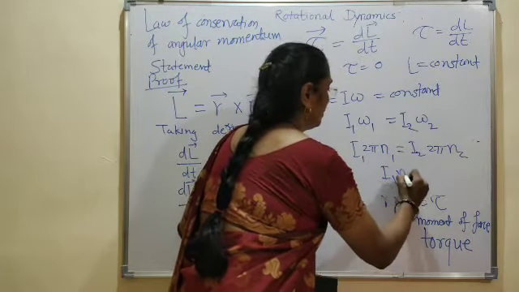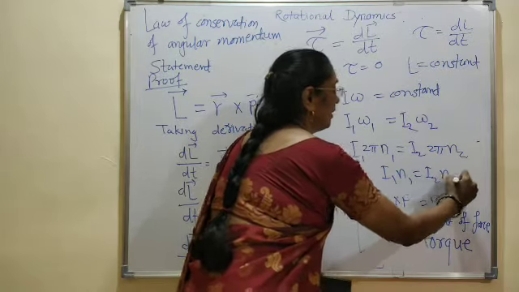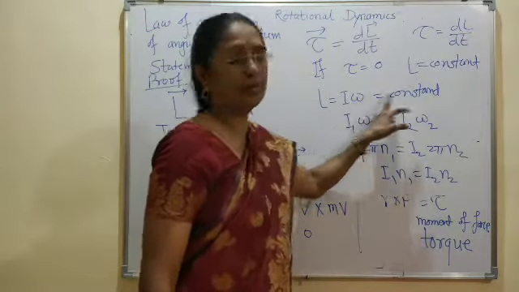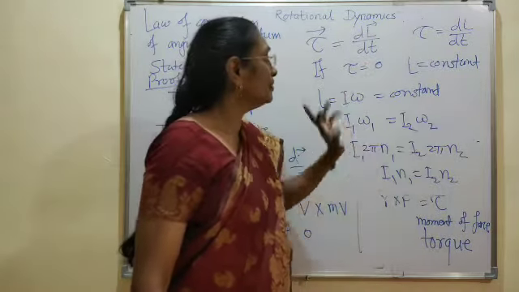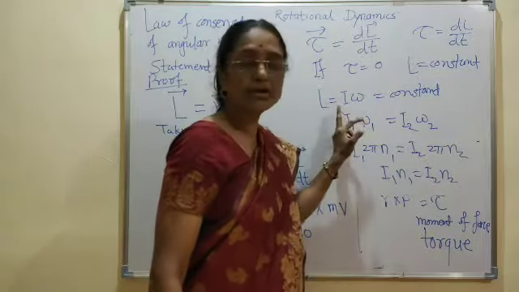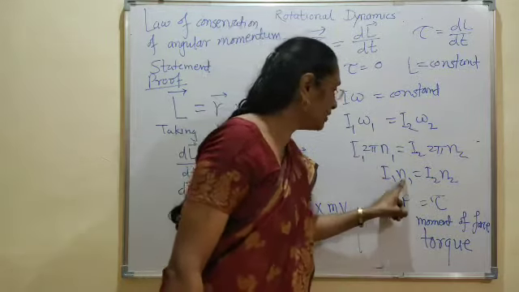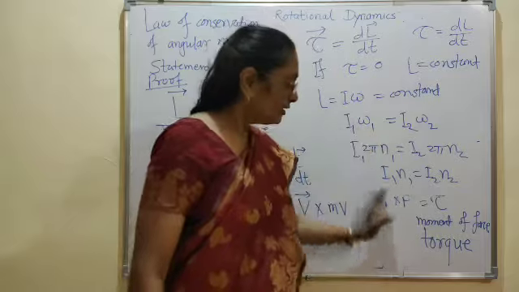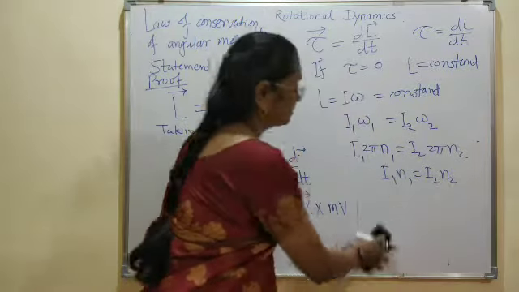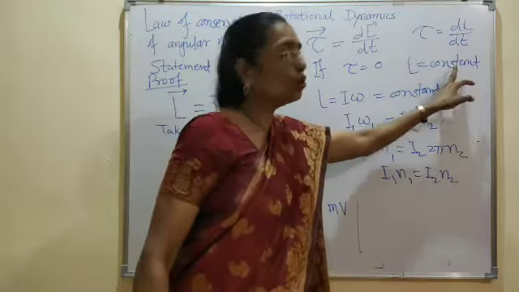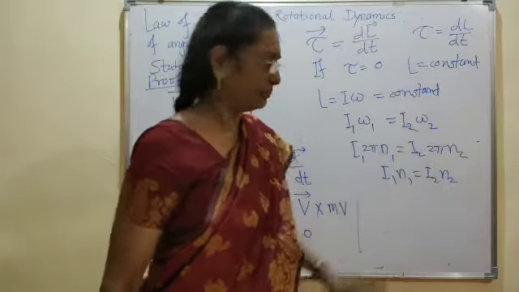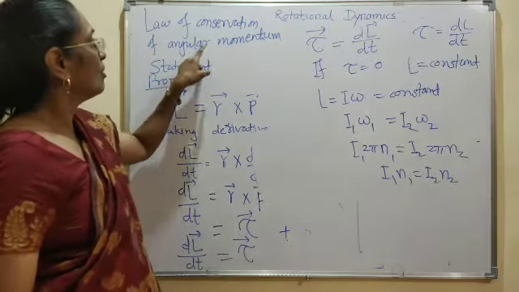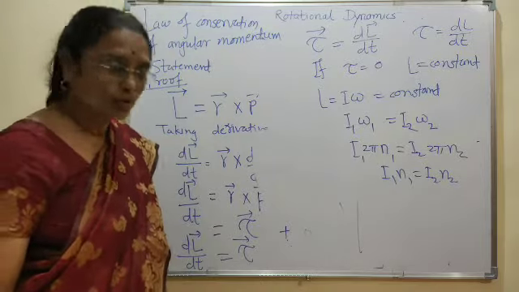So I1 n1 is equal to I2 n2. So if tau is 0, L remains constant, I omega remains constant, or I1 n1 is equal to I2 n2, I1 omega 1 is equal to I2 omega 2. Any relation we can write to show constant angular momentum. So this is the proof of the statement of the law of conservation of angular momentum.